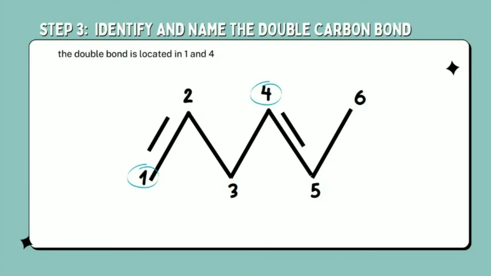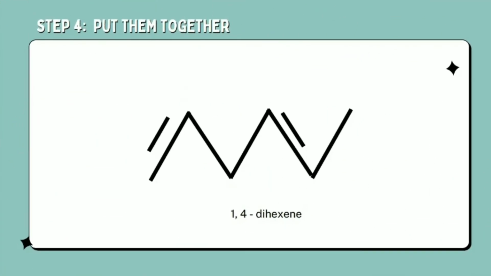Since it has two double carbon bonds, we have to use the prefix di. The final name now for this compound is 1,4-dihexene.